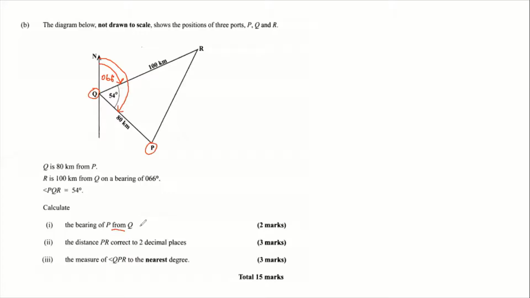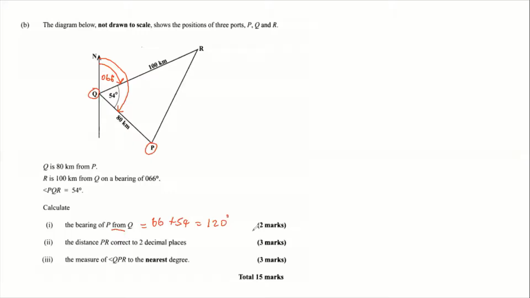So the bearing here is simply going to equal to 66 degrees plus 54 degrees. And that is going to give us 120 degrees.